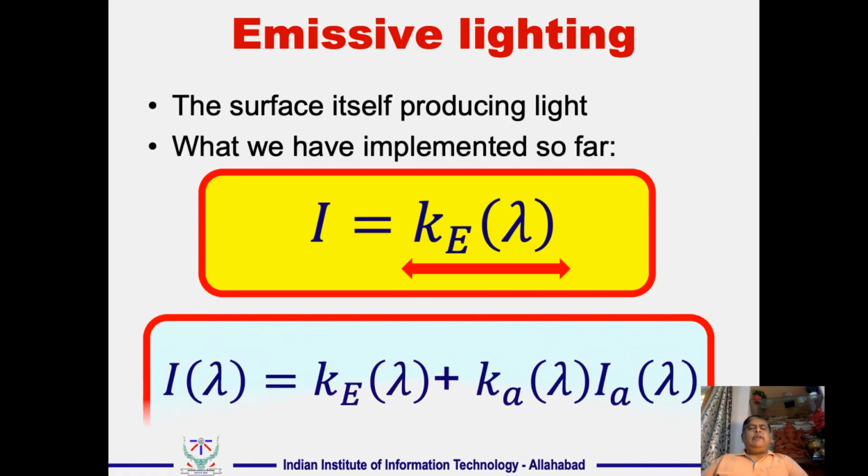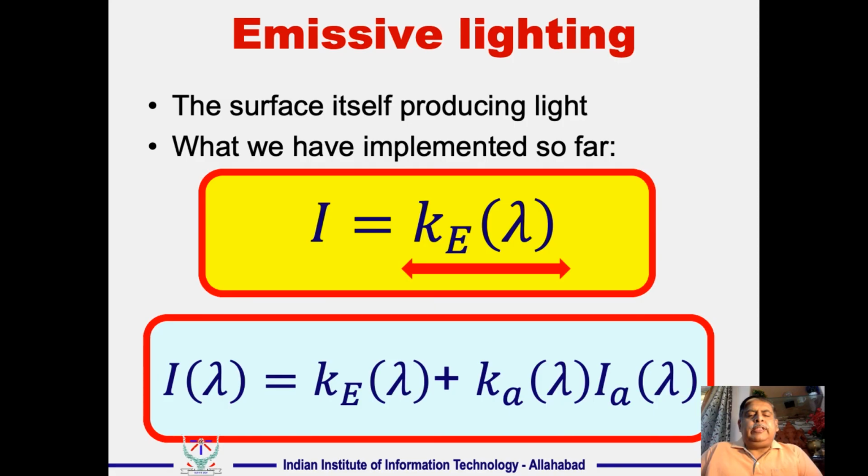So now the equation with the two terms is additive, and I have the emission term which is in front, and the second term is the homogeneous ambient illumination, which is Ka lambda times Ia lambda.